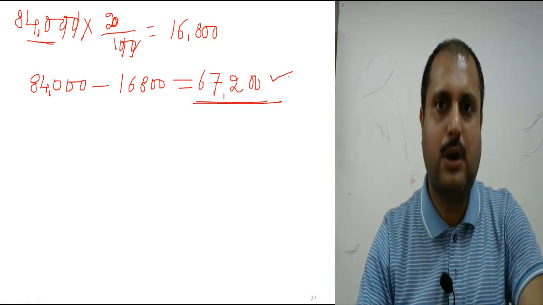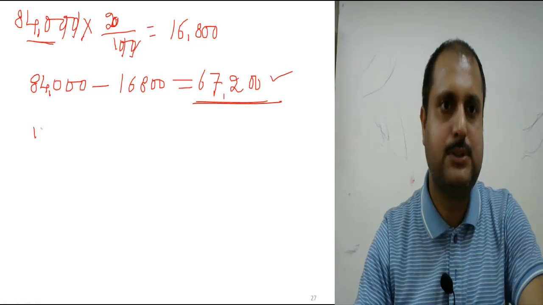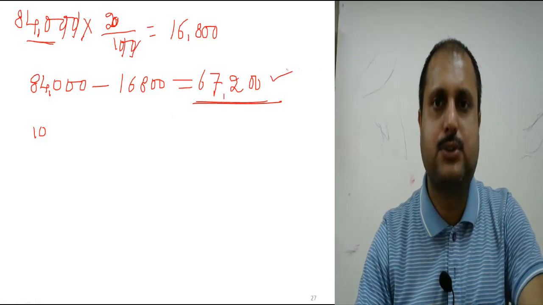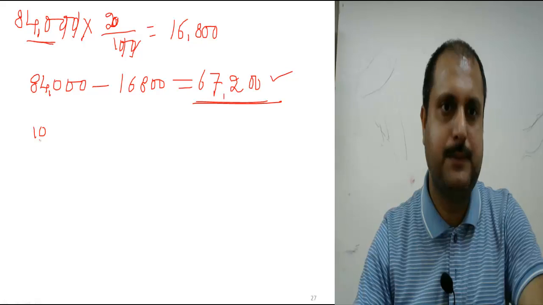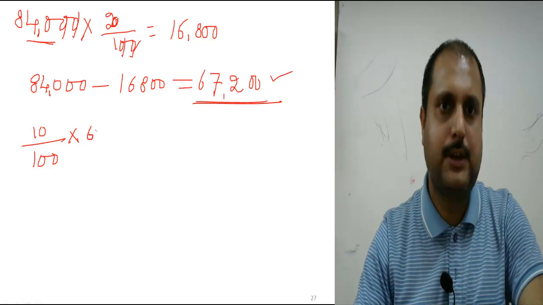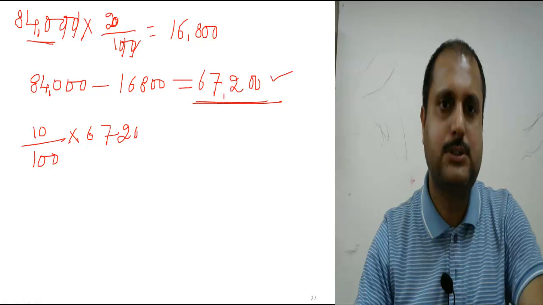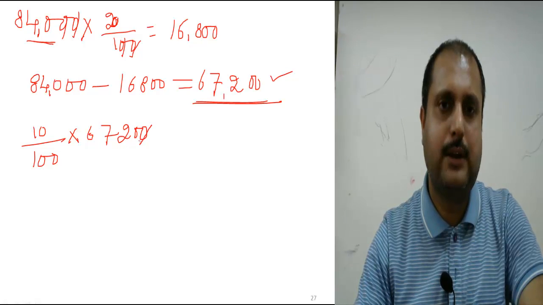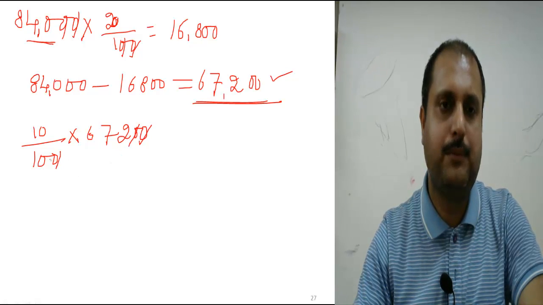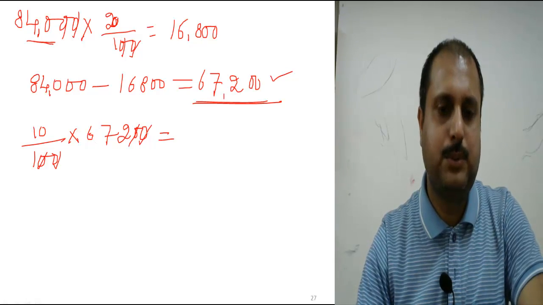On this balance you are also getting a discount of 10%. So let's deduct. A 10% deduction is very easy. You can take 10 divided by 100 multiplied by 67,200. It is a very simple process I am following, so that you can understand this question easily. So how much would be the price?